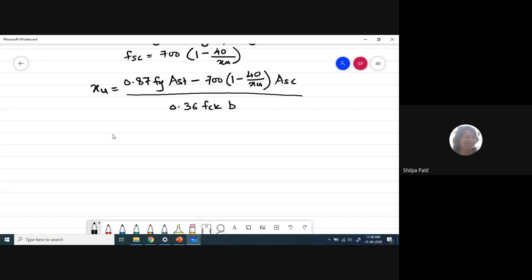So it is 2160 XU square plus 362068 XU minus 28.15 into 10 raised to 6 equal to 0. Check whether you are getting the same equation or not.